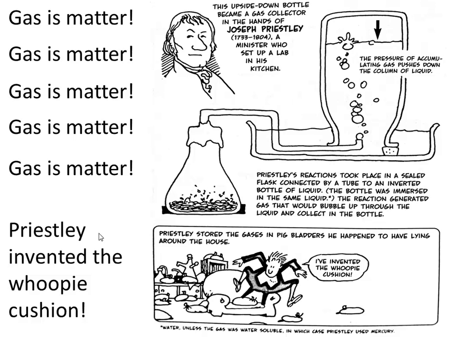So what they did was they went to the butcher and took pig bladders and filled them with air. I know, kind of gross. I prefer a whoopee cushion. But that's how he stored his gases. He collected these gases and put them in a pig bladder. The pig bladder filled up, more like a balloon, and then stored them right there.